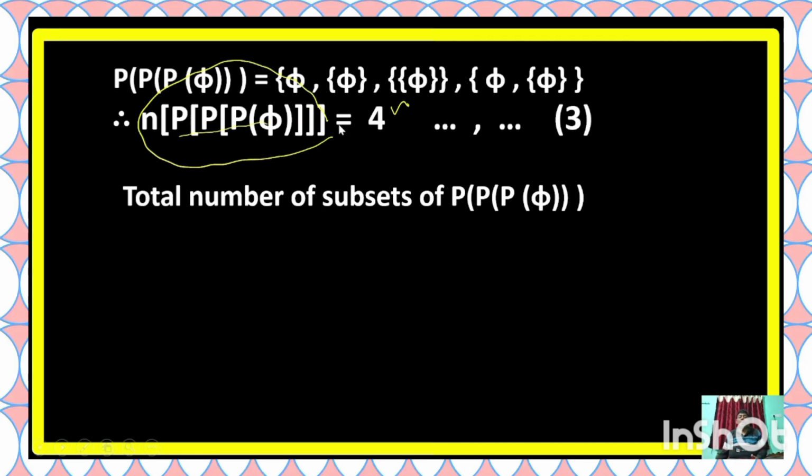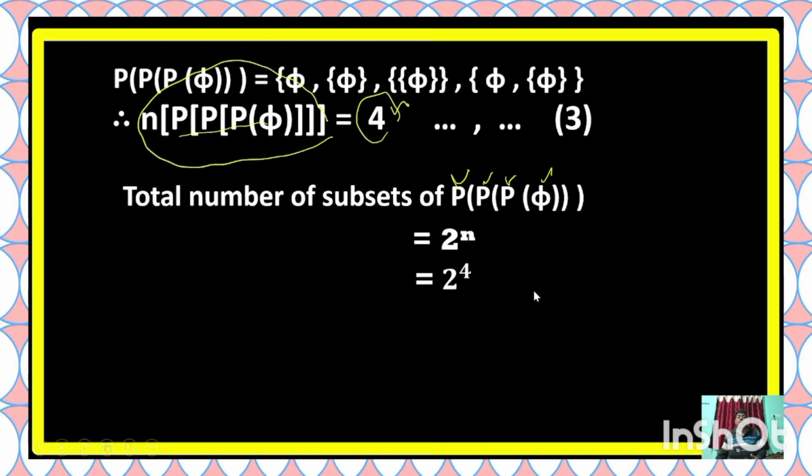And the power set, we can write 2 to the power n, because how many elements are there? 4 elements. So the total number of subsets of the power set of the null set is 2 to the power n as per the formula, and here the value of n is 4.